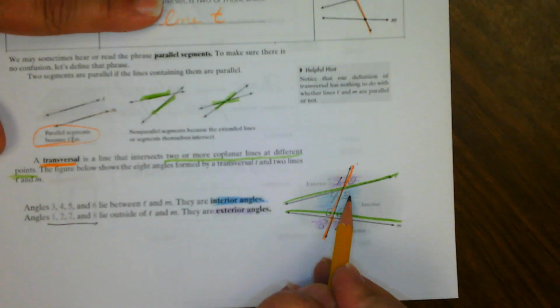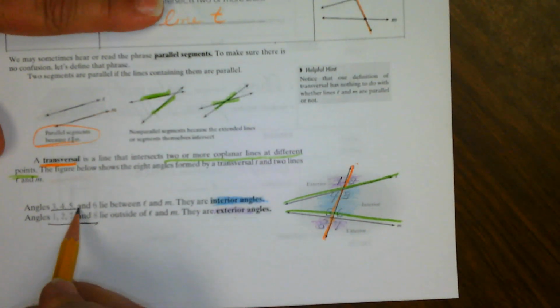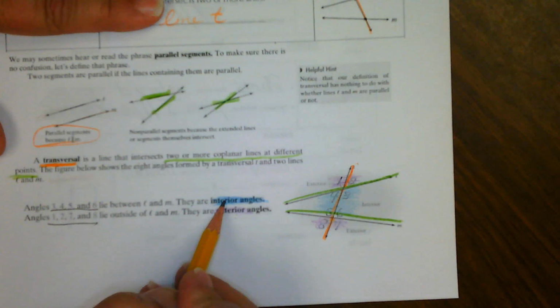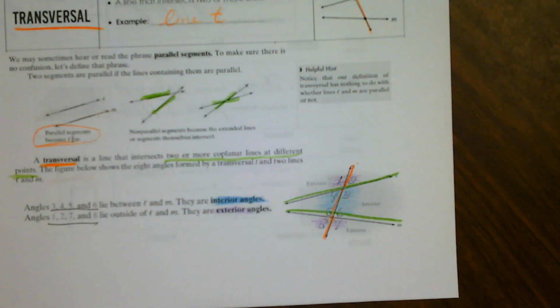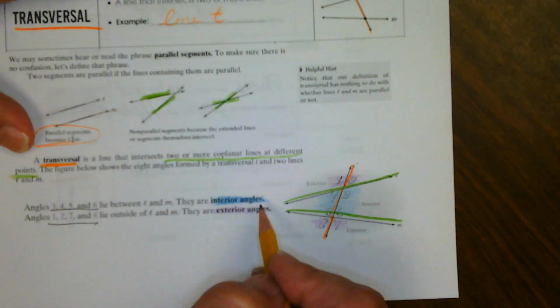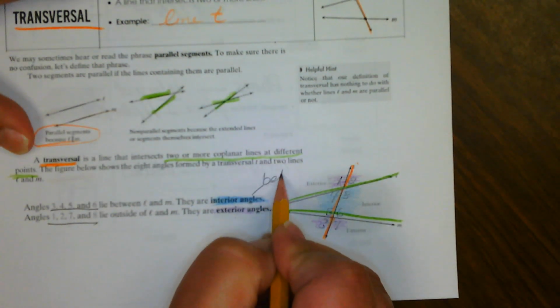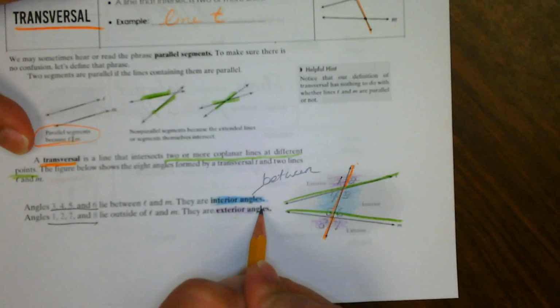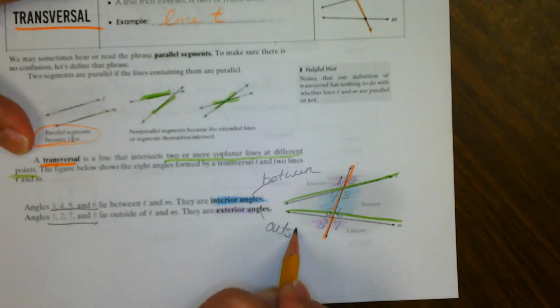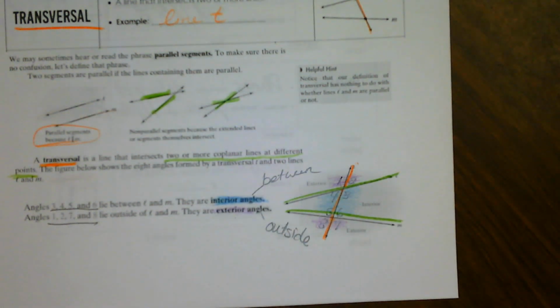And then 3, 4, 5, and 6 are all interior, between the two lines, while exterior is outside the two lines. And if it helps you to write between and outside: interior in the house, exterior outside the house.